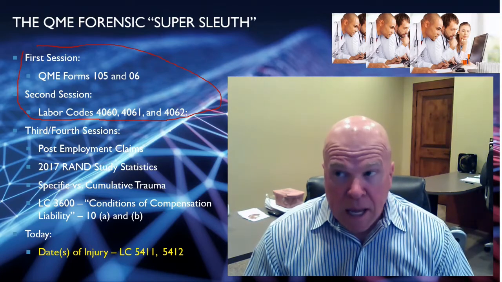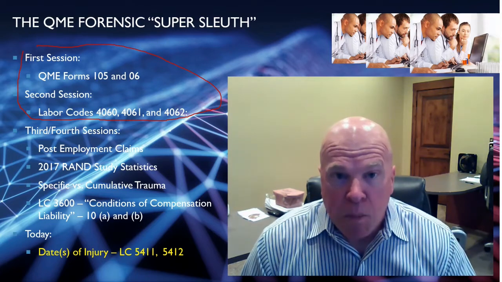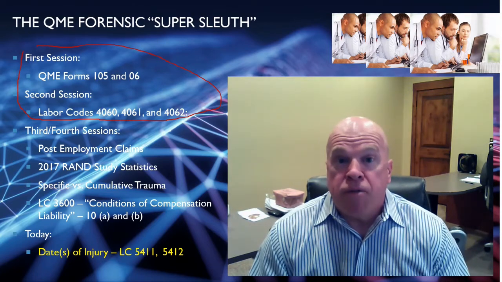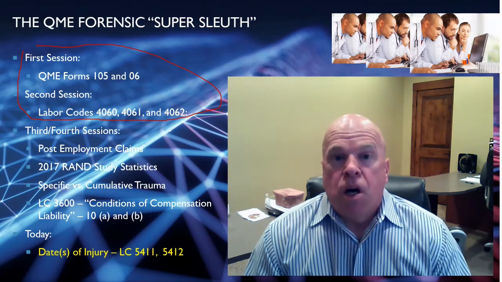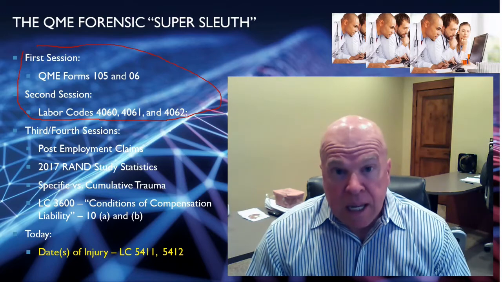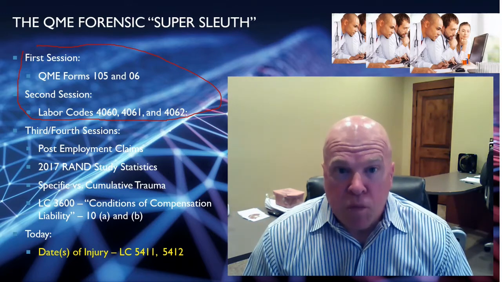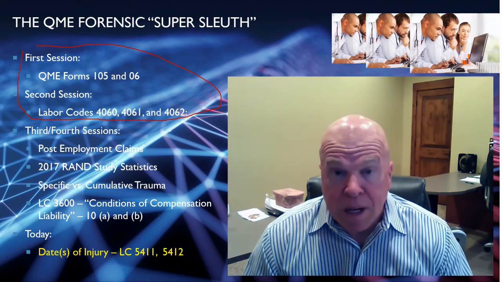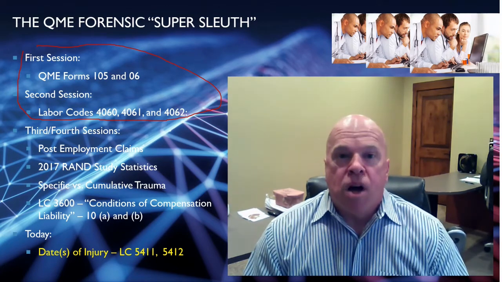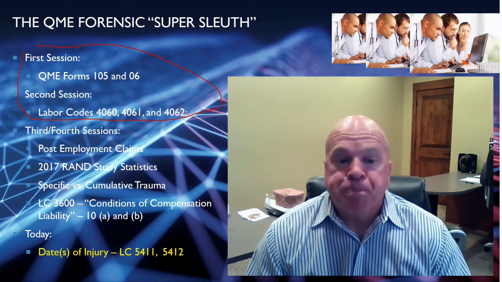So the claim is filed post-employment. And post-employment claims are going to form a bulk of many of the evaluations that you're currently getting and that you're going to be getting in the foreseeable future as the number of post-employment claims explodes throughout the state of California, especially in Southern California.